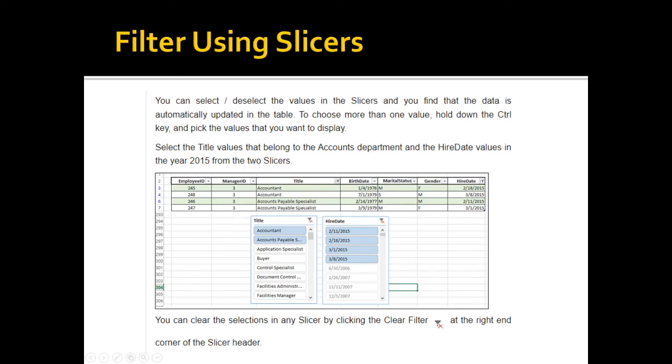So these are the hire dates. You can clear the selections in any slicer by clicking the clear filter at the right hand corner of the slicer header. So this is the clear filter. So that ends my lecture for filtering, and thank you very much for viewing this video.